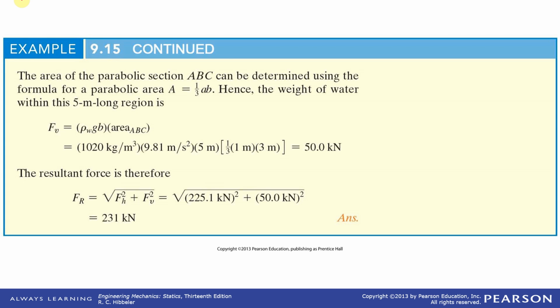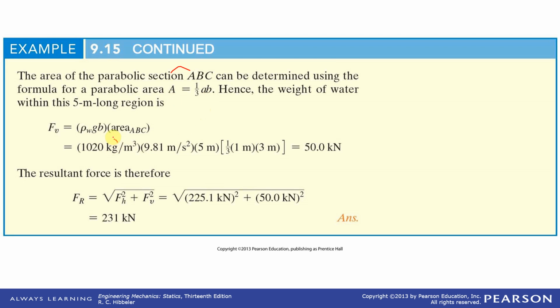Oh, here we go. Parabolic area. Yep, 1/3 AB. 1/3 base times the height. So it is in the back of your book. And that is the area of interest.